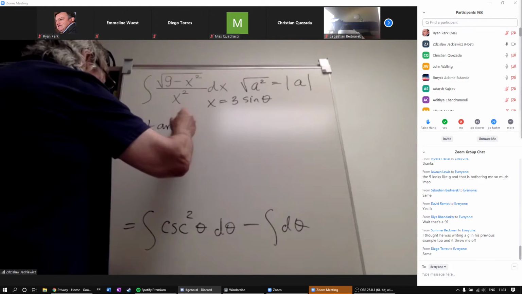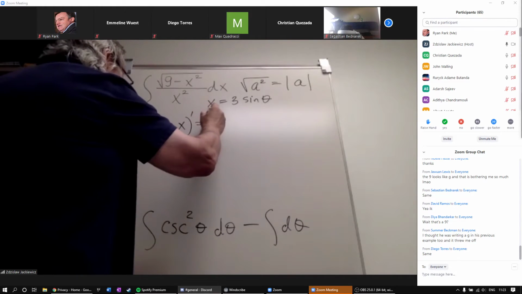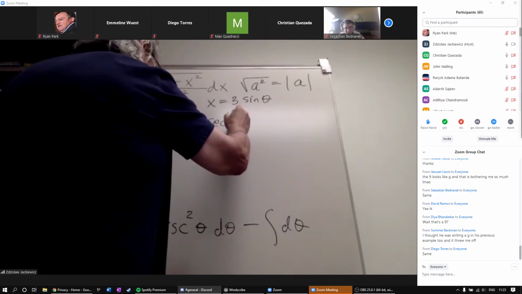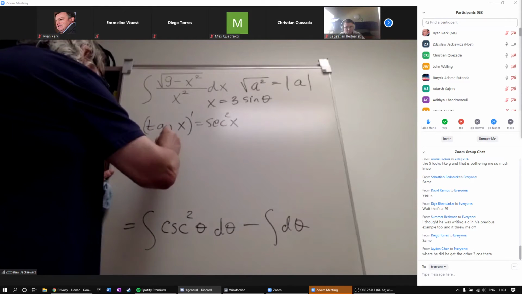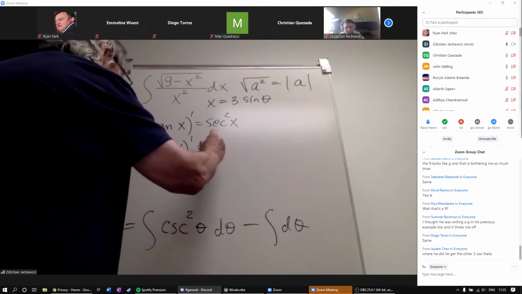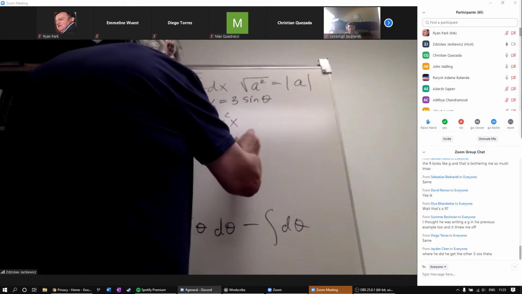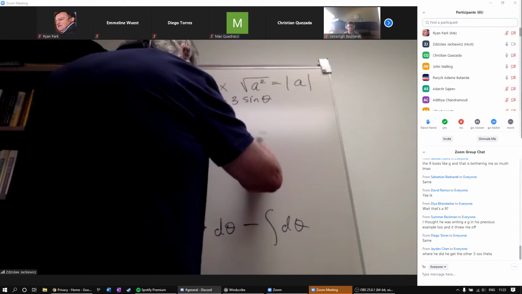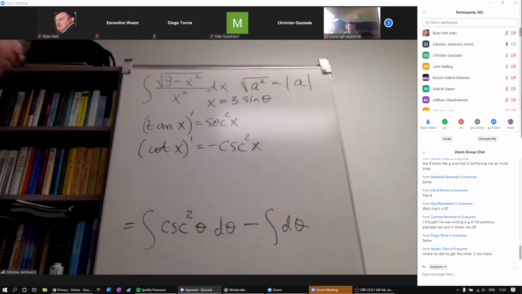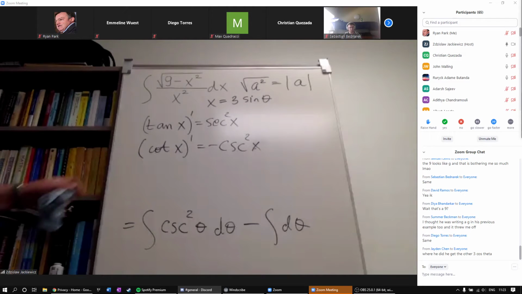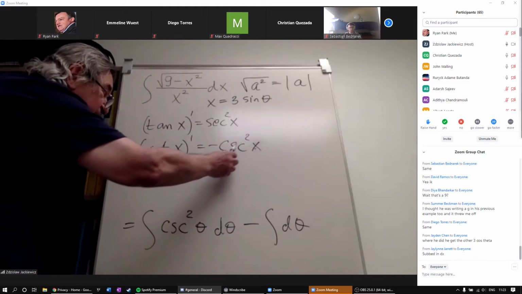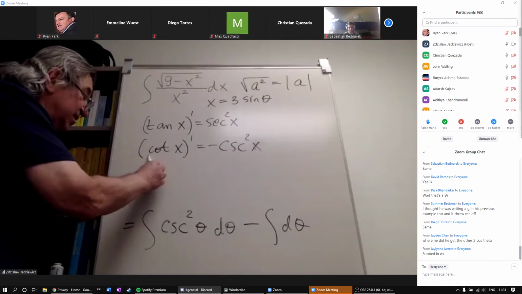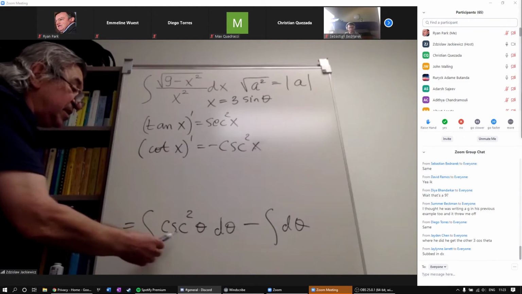You know the derivative of tangent x is secant squared, and the derivative of cotangent x is minus cosecant squared. Those are the formulas from first semester. So the integral of cosecant squared is minus cotangent. So we know how to integrate this.